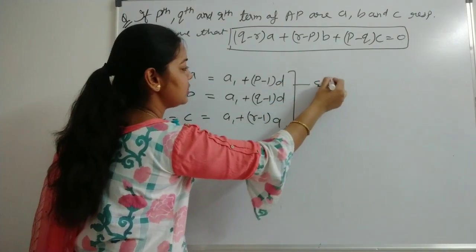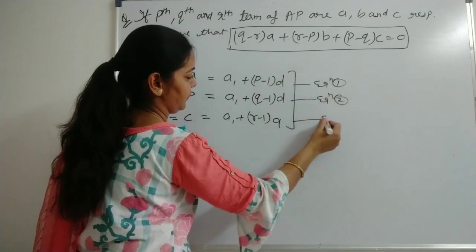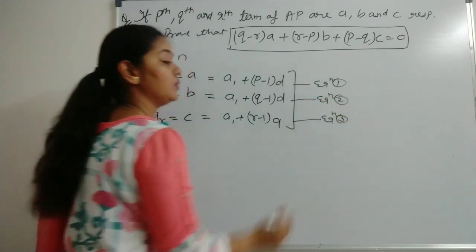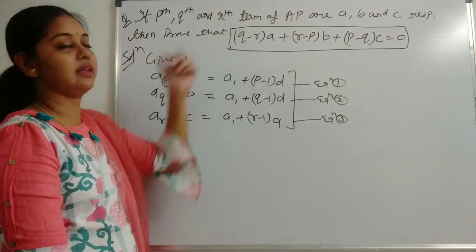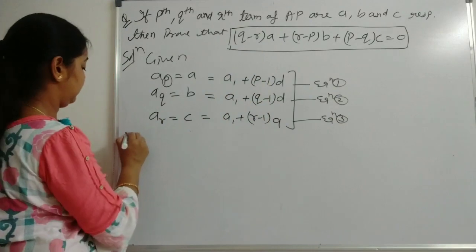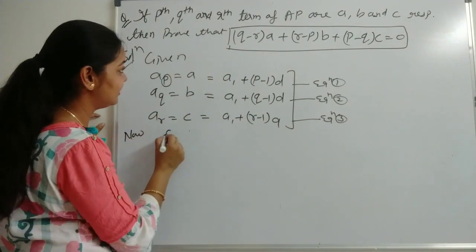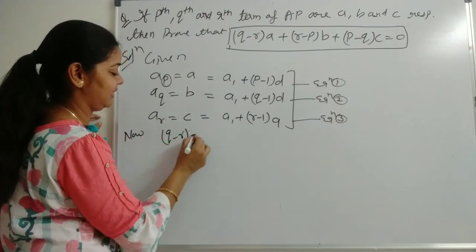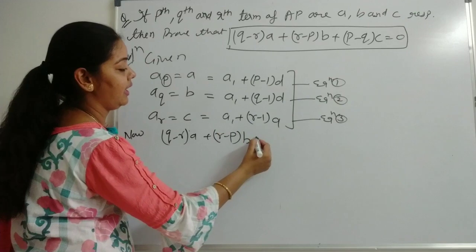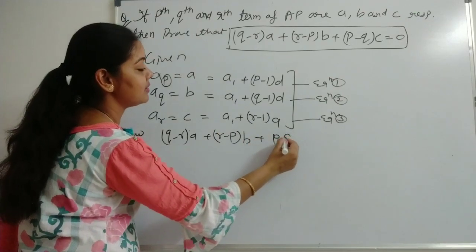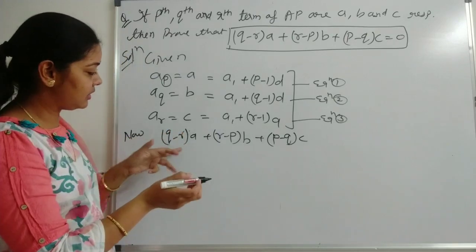This is given to us, equation 1, equation 2 and equation 3. Now to prove this condition, we will start with the left hand side. We have q minus r into a, plus r minus p into b, plus p minus q into c.